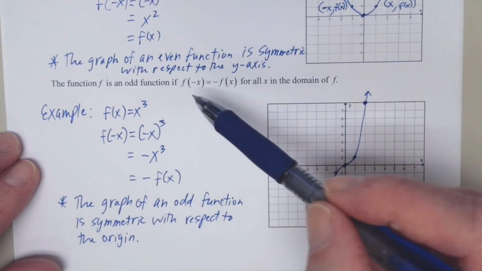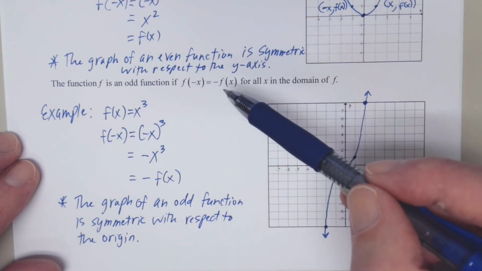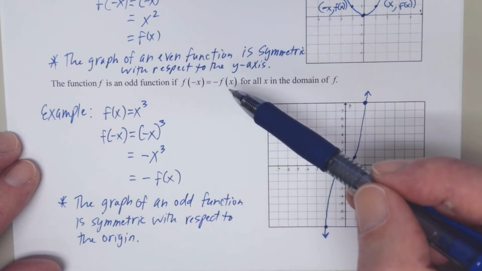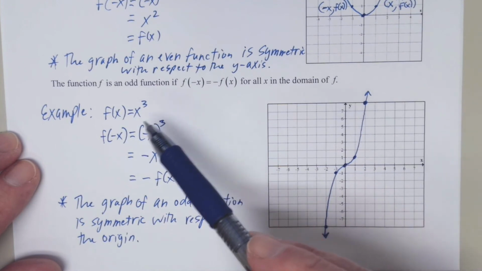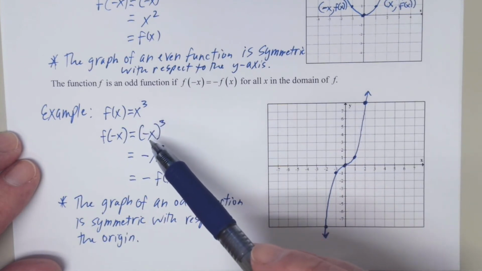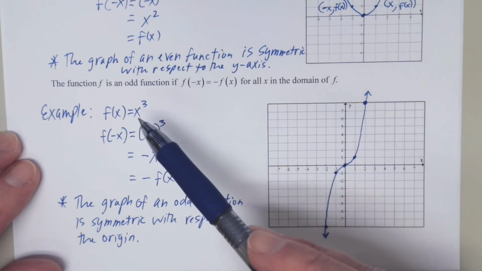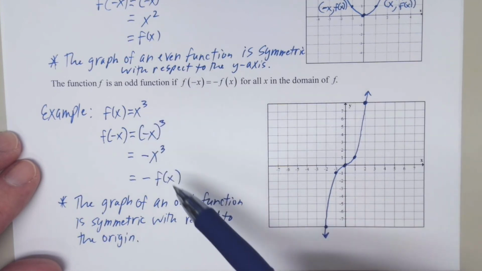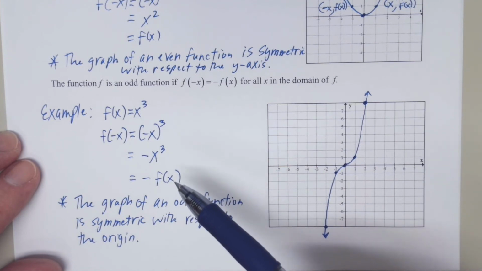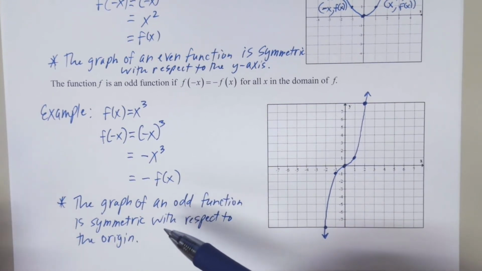If you plug in minus x as an input, and your output is the opposite of the original function, like we did here, we plugged in minus x, we ended up with minus x cubed, which gave us the opposite output of the original function. This is equal to minus f of x. In this situation, you have an odd function which has symmetry with respect to the origin.